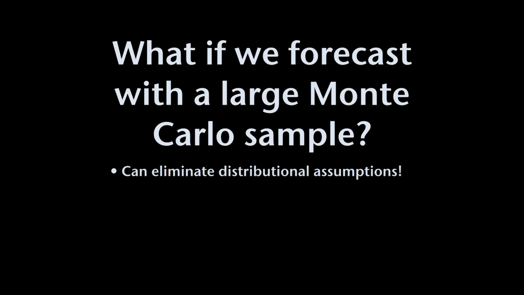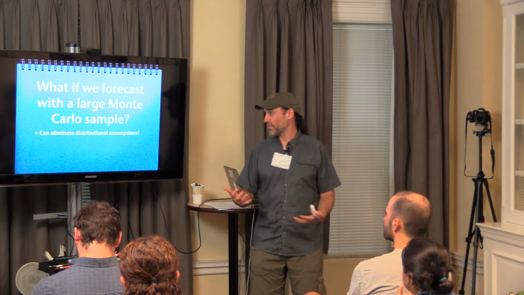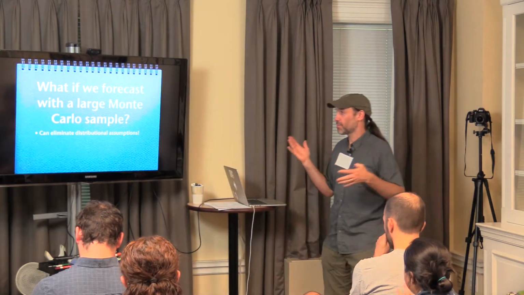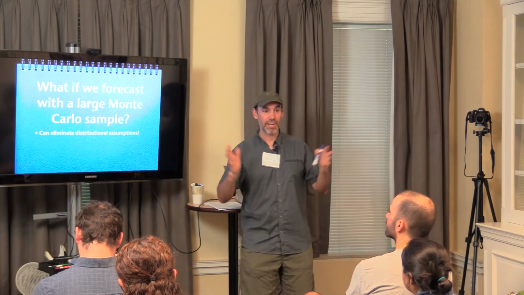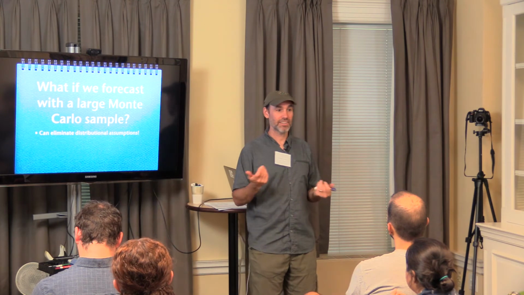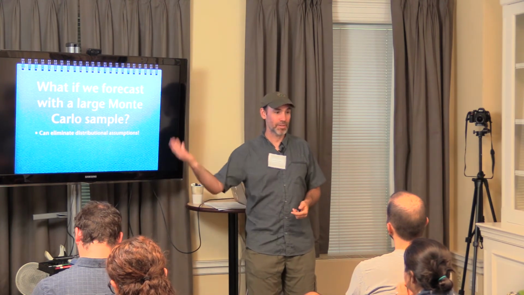So what happens if we use a large enough number of ensemble members that we can approximate the distribution just with that sample? We go back to this Monte Carlo approach to propagating uncertainty. Because the only real disadvantage we saw in the Ensemble Kalman filter is we were making this normality assumption, and it might not be appropriate.